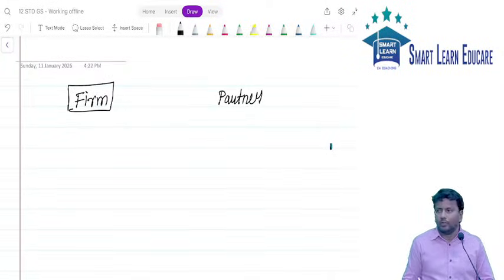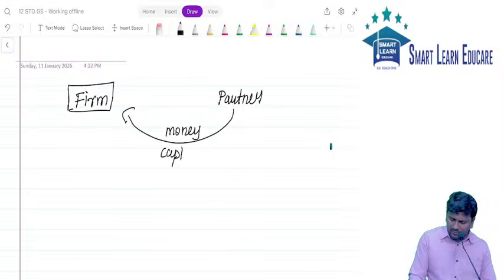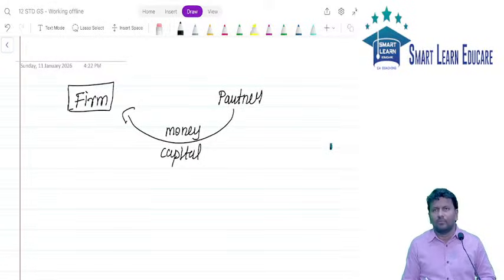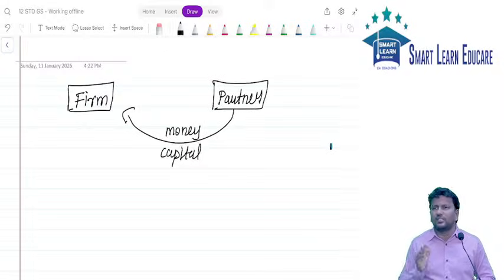Firm point of view. Partner gives some money to firm. Such money we call capital. So what is capital? Capital is nothing but amount contributed by owner. In partnership, who is the owner? Partner is the owner.